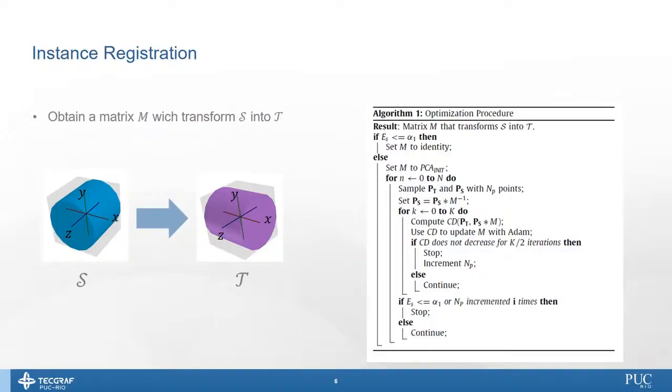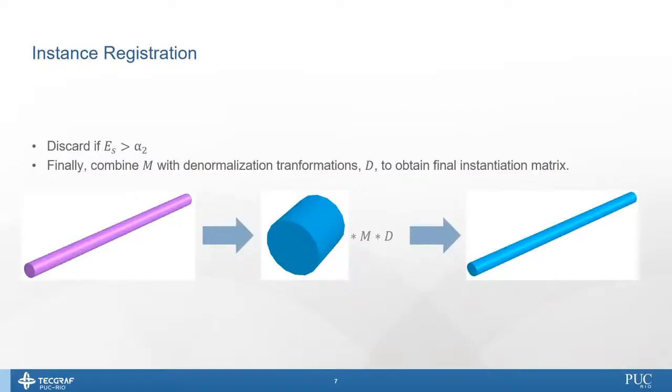In the inner loop, we use the Adam optimizer alongside the chamfer distance to continuously update M, stopping when the chamfer distance starts to increase, avoiding loss of time in non-converging optimizations. We then discard this instance if the surface error is above an acceptance threshold, avoiding misclassification errors, and if not, we combine the matrix M with the denormalization transformation to obtain the final instantiation matrix.